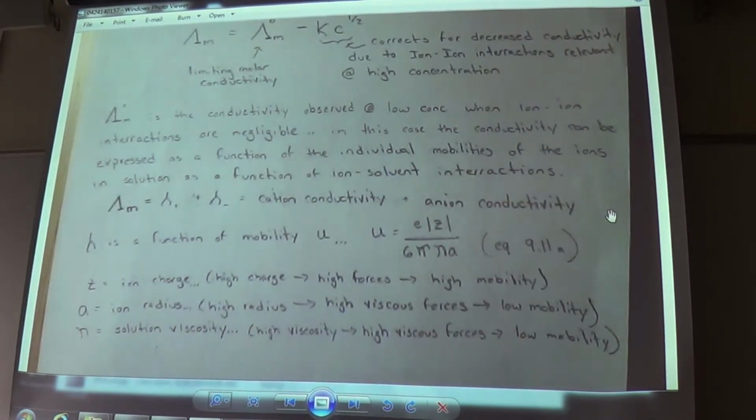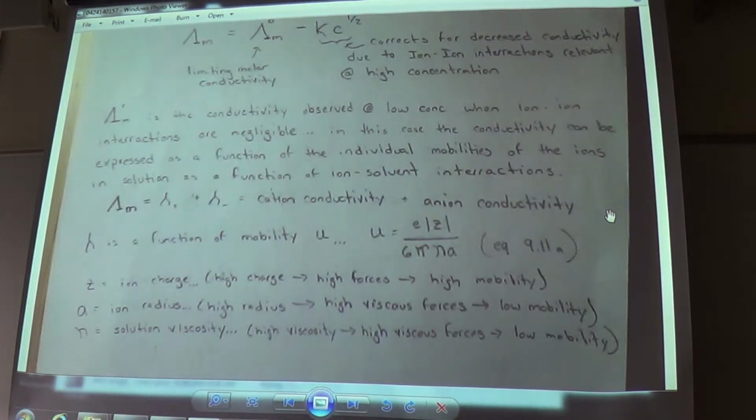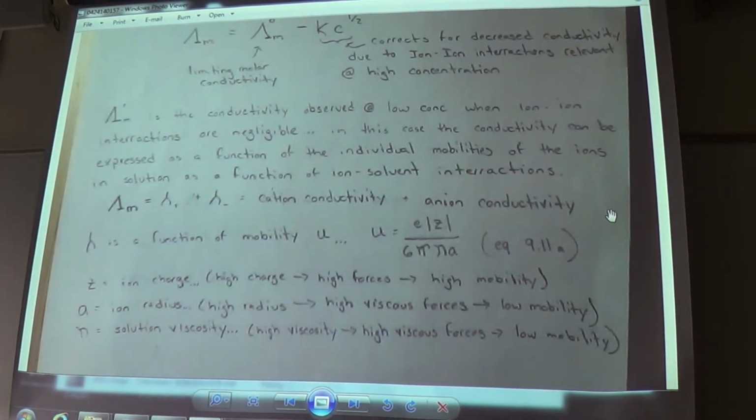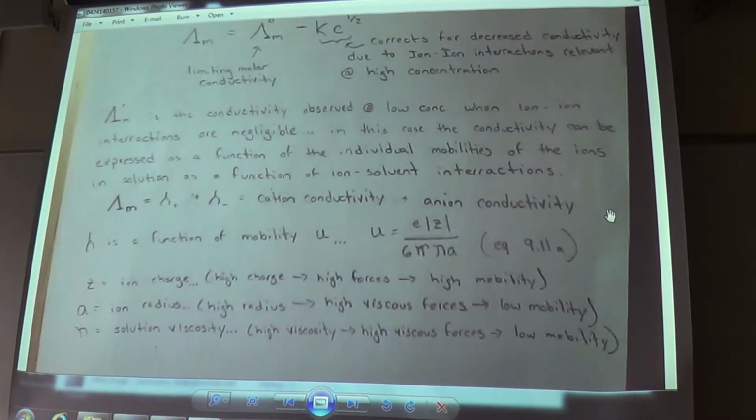The force from the pull of the field is equal to the drag forces, and so the sum of the forces ends up being zero, and so acceleration stops, but you still have some velocity, so you're still moving now at constant velocity through that solution. This happens for an ion. We call it a drift speed, and it affects its mobility.